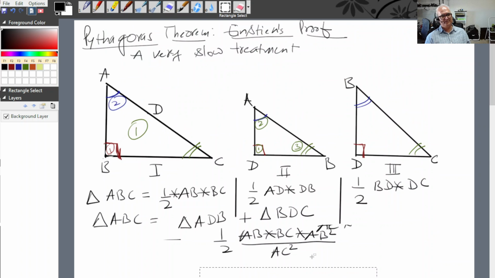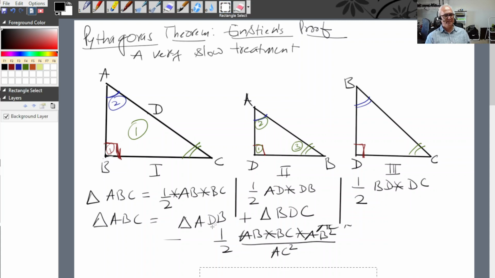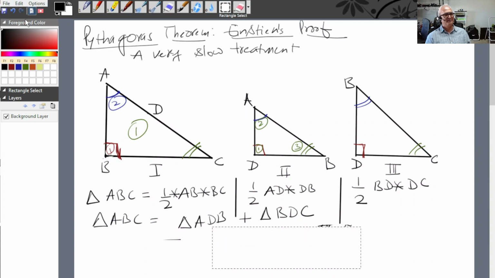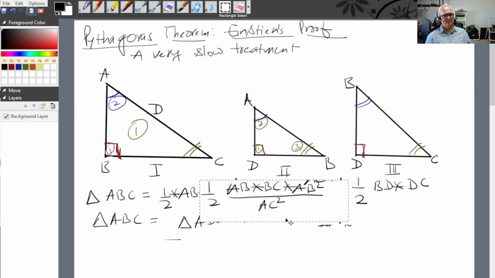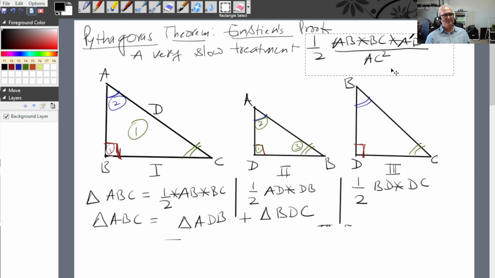All right. So now let's look at triangle 1 and 3. So it's the same pattern. In fact, let me move this even higher. Okay, and we'll come back to it.